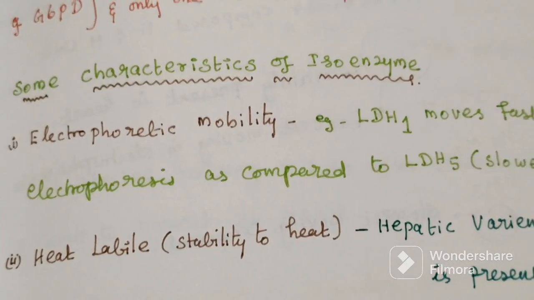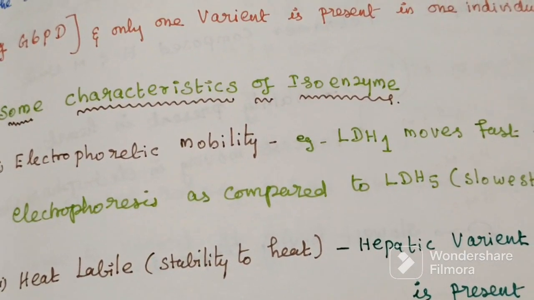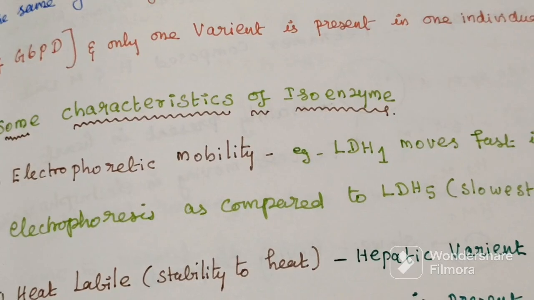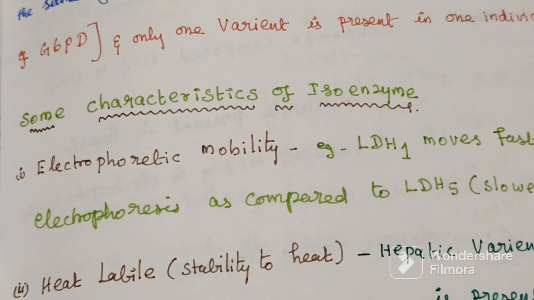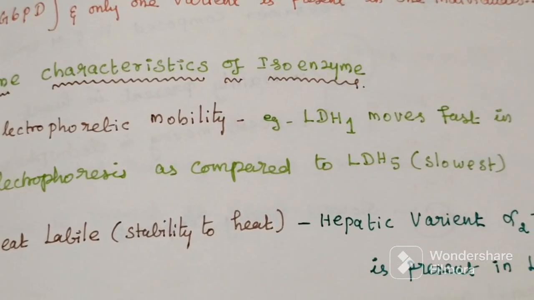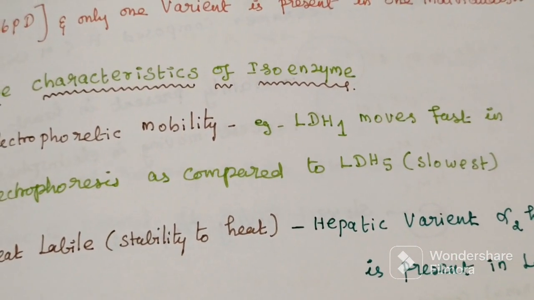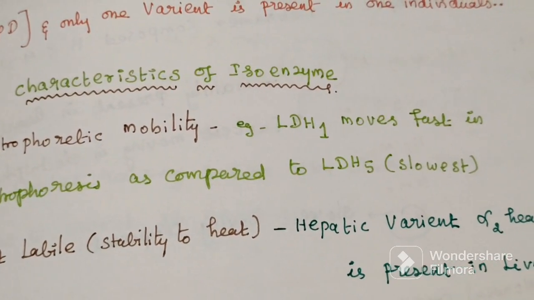Now coming to some characteristics of isoenzyme. Isoenzymes catalyze the same reaction, but some properties are different. First one is electrophoretic mobility. For example, LDH1 moves fast in electrophoresis as compared to LDH5.